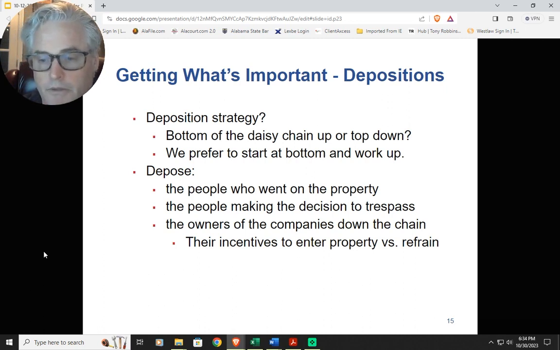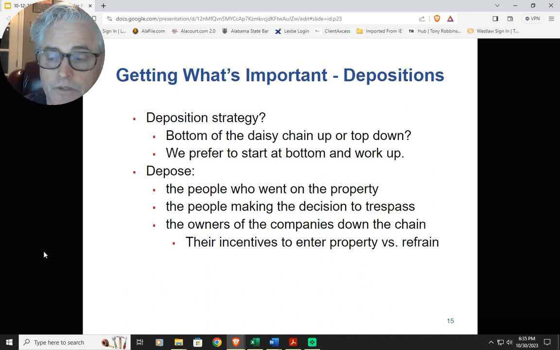Then you go to the people who are making the decision to trespass, and then to the owners or corporate reps of the companies down the chain, and you examine not only their actions, but what they understand about the property they're entering, what the banks tell them, or the mortgage servicers.